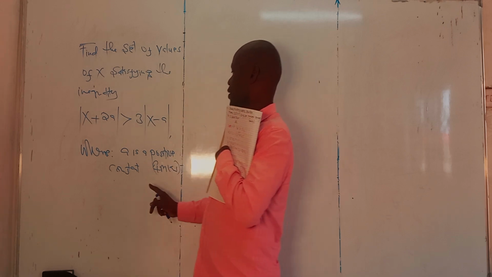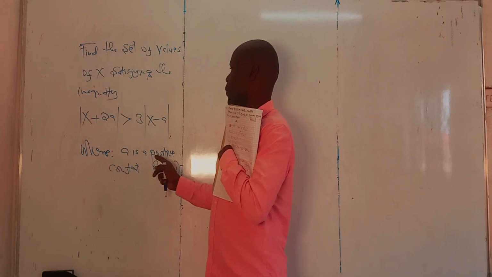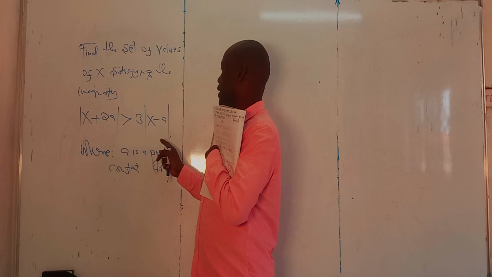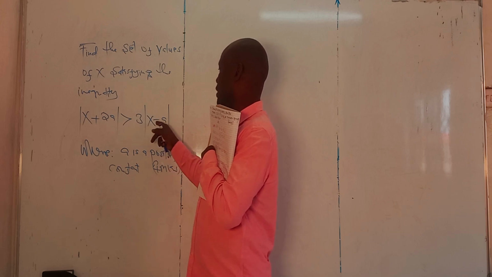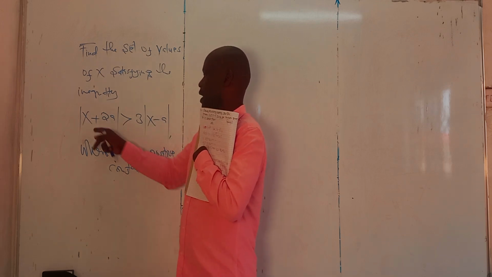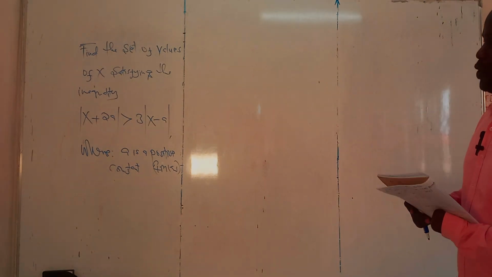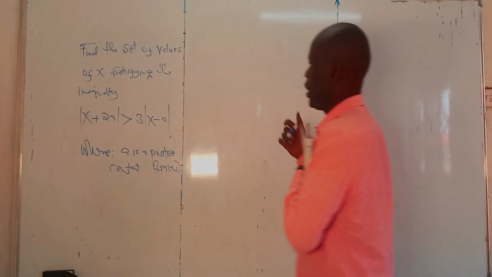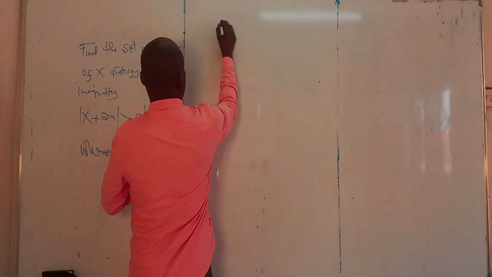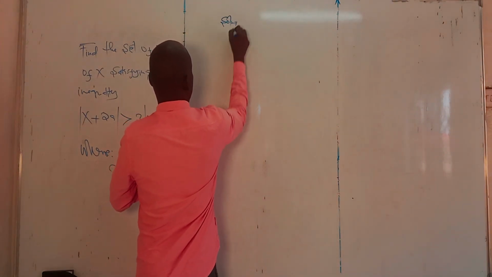We insist that a should be a positive constant so that we don't have issues with this sign and that sign in the process of our manipulation. So, solution.